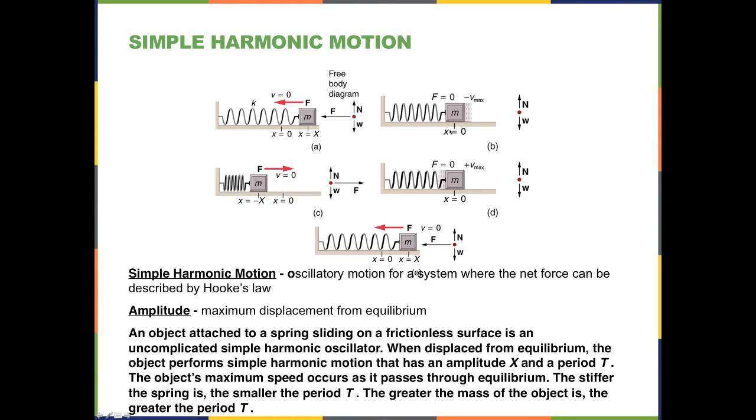The time it takes to go through this entire motion, back to the point where we started, is a cycle, and therefore the time it takes to get from A to E is a period. The number of times this happens in a particular time is called the frequency.